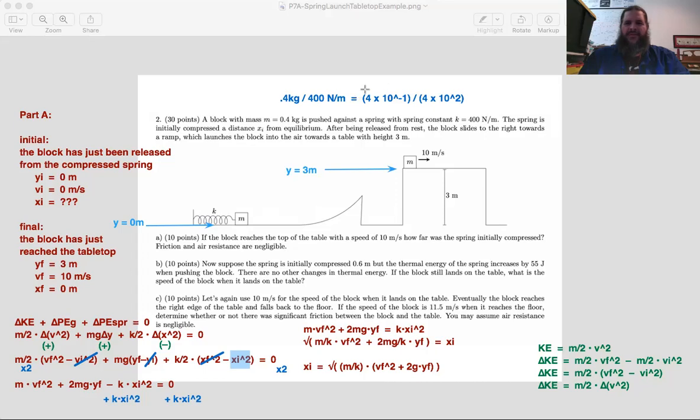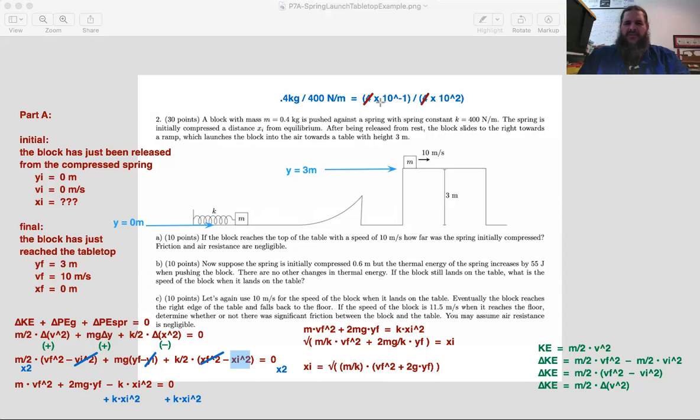If you have 4 in the numerator and 4 in the denominator, what happens to that? And yeah, those are going to cancel out. 4 divided by 4 is 1.